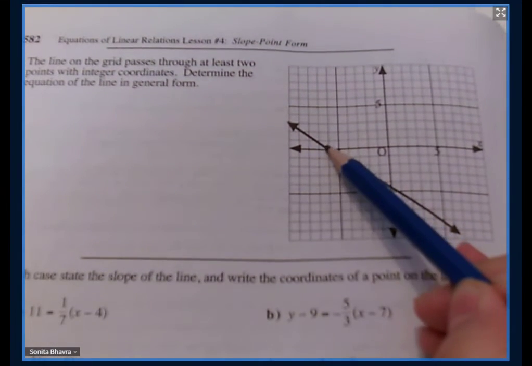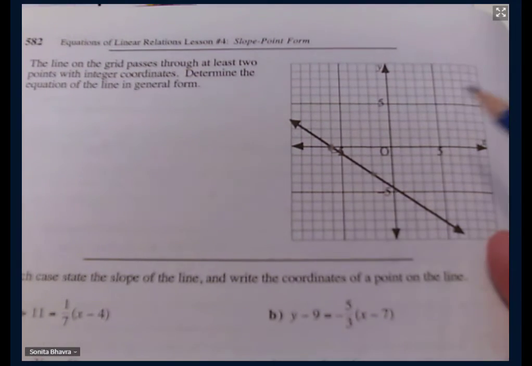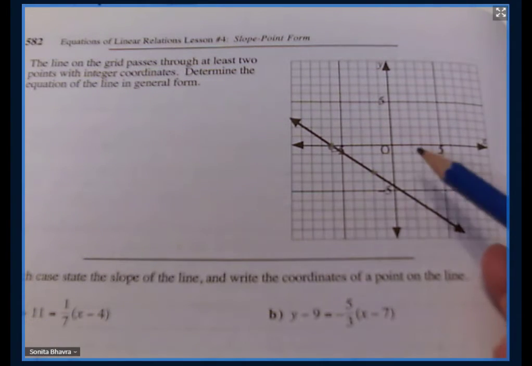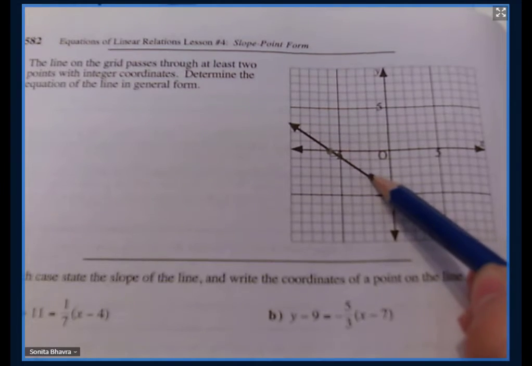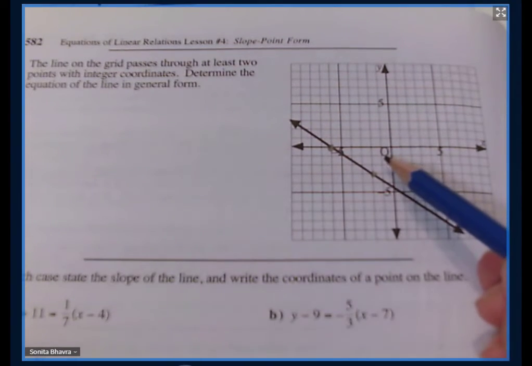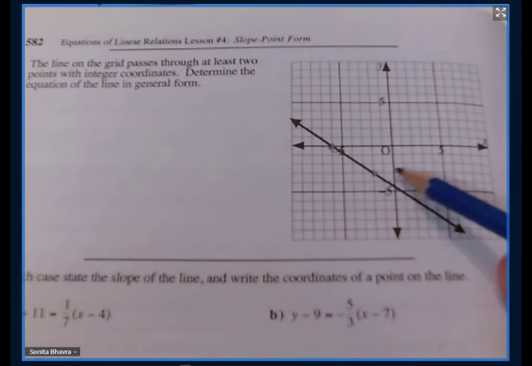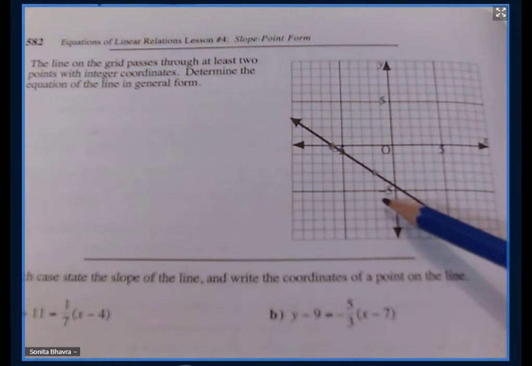I can use this point here, that's negative 6, 0, and I'll use this point here, at negative 2, negative 3. So those are the 2 points on this line.